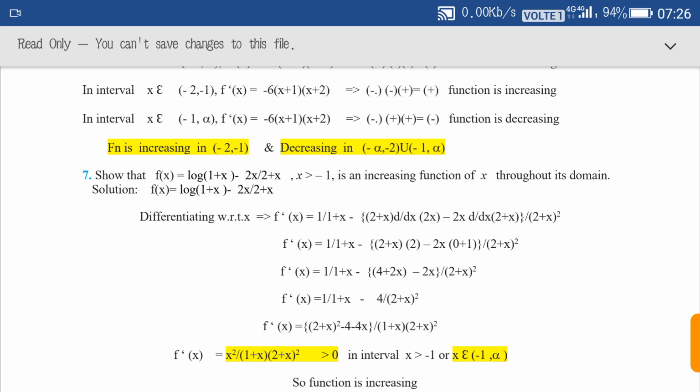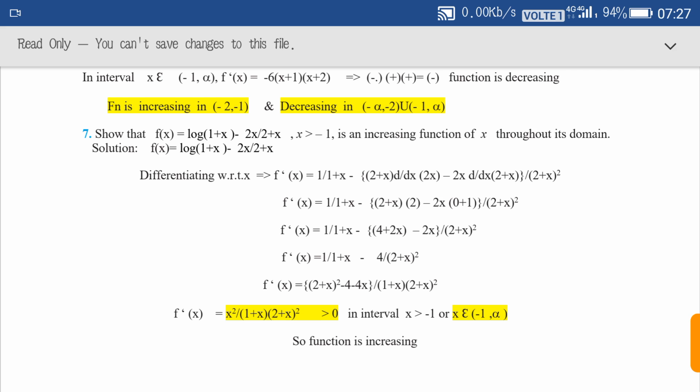So after solution we get f'(x) = [(2 + x)² − 4(1 + x)]/[(1 + x)(2 + x)²]. Thus we get f'(x) = x²/[(1 + x)(2 + x)²]. And we have the interval x > −1, that is x belongs to (−1, ∞).